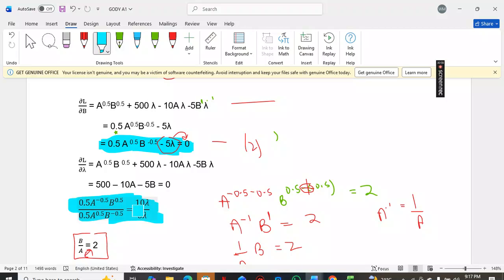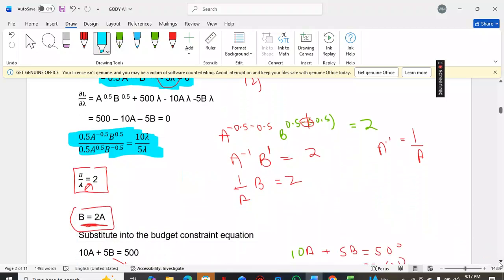Step 5, simplify this expression. The lambdas will cancel each other out. You simplify so that you get an expression like this. Because you are trying to find b and a, you want to make either a or b the subject of the formula.